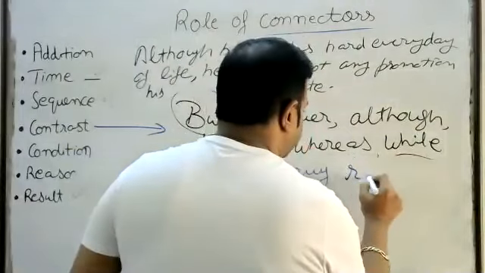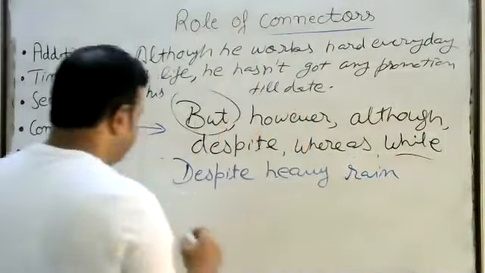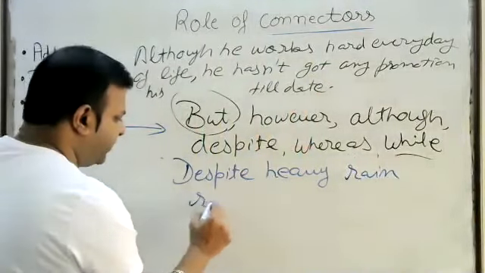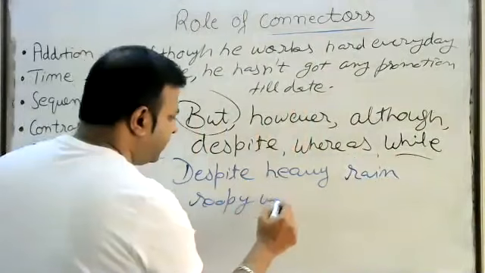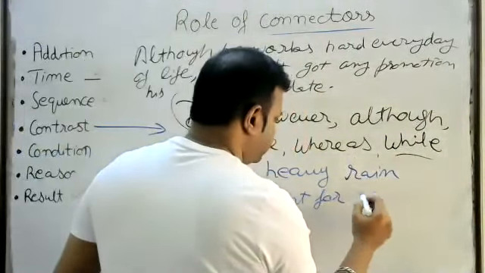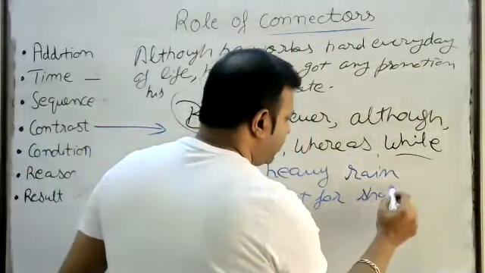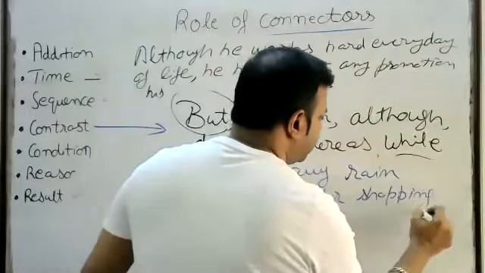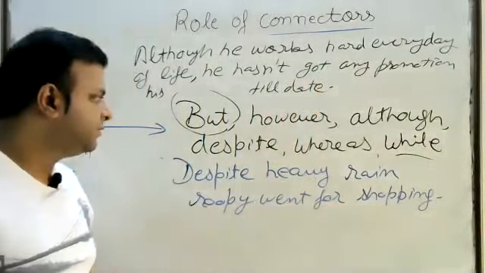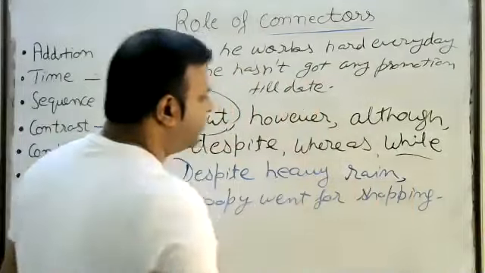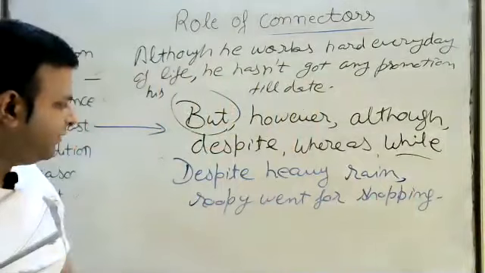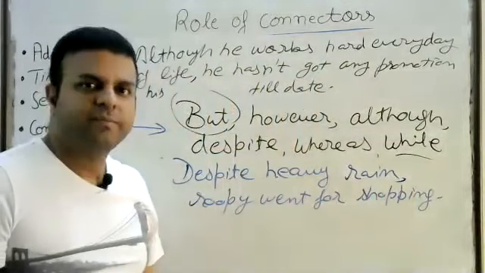Okay, let's say despite heavy rain, just any name like Rupee went for shopping, right? Despite heavy rain, Rupee went for shopping. So obviously when we are writing, we'll be putting a comma here, right? So that's how you use despite. Despite heavy rain, Rupee went for shopping, right?